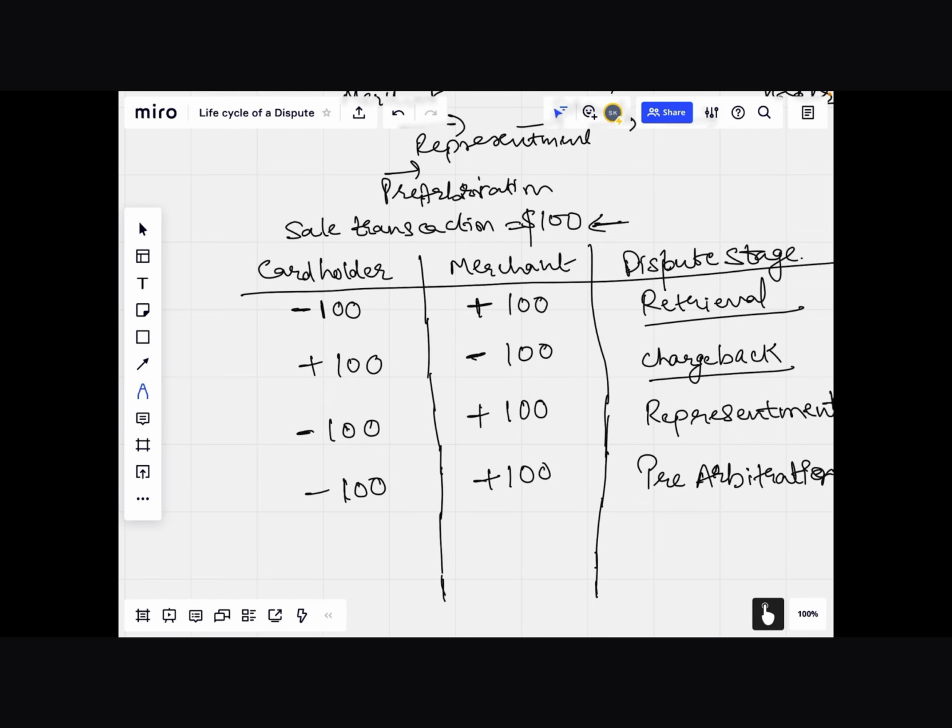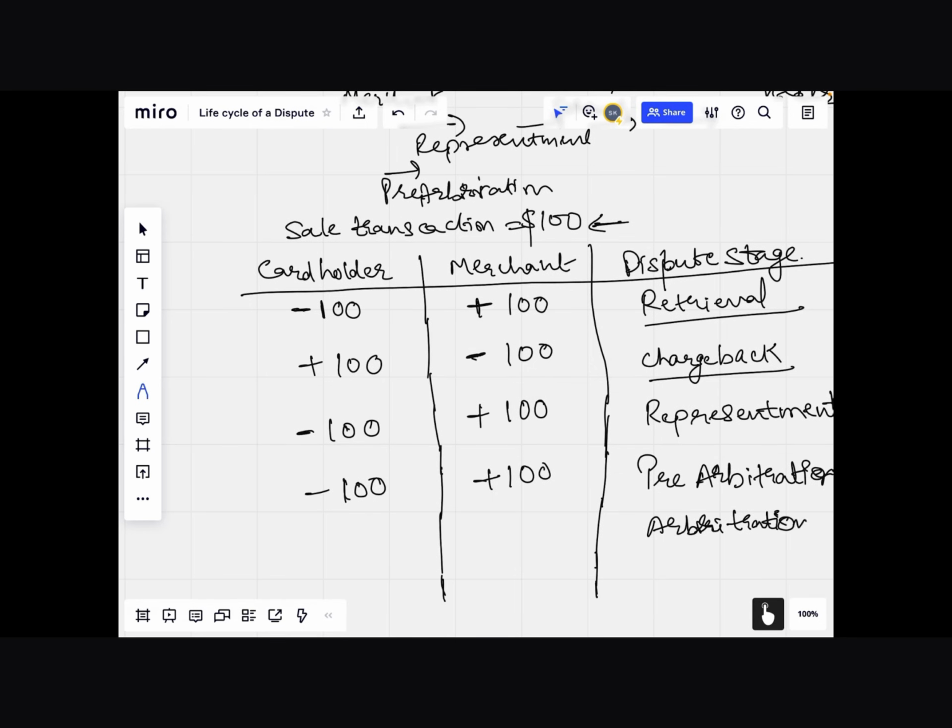And if the merchant wins this one, then at the pre-arbitration stage, the dispute gets closed and he gets the $100 still on his account. If the issuing bank still doesn't accept his proof, then the last stage of the dispute is called arbitration.